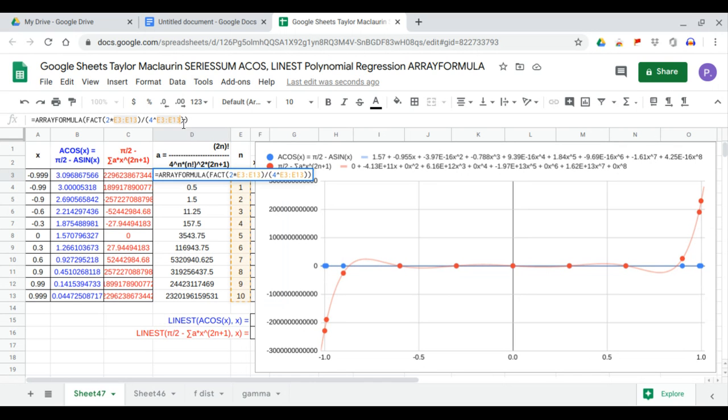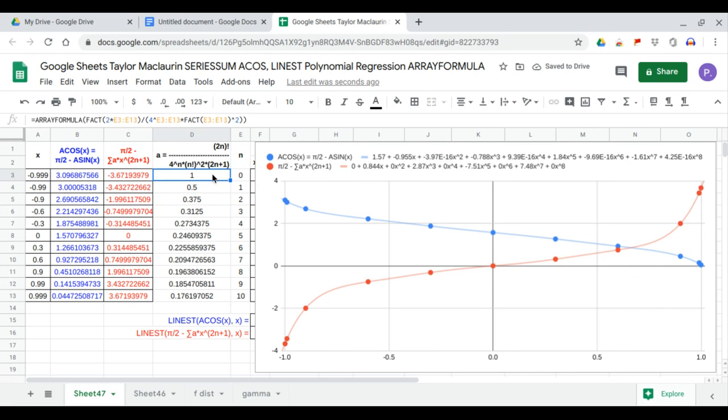The second part of the denominator is n factorial squared. So times factorial squared. So factorial of n, which is this range.